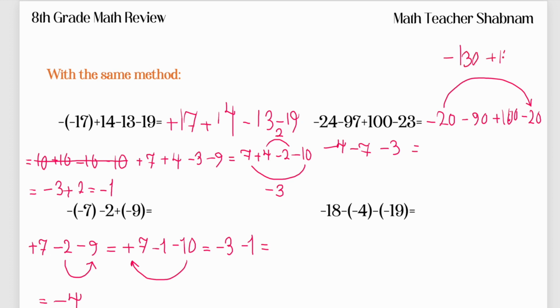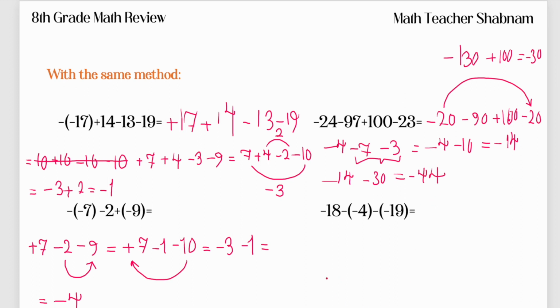I have another +100. That gives us -30. How about the ones now? I am looking at -4 minus 10, which is -14. -14 minus 30 gives us -44.